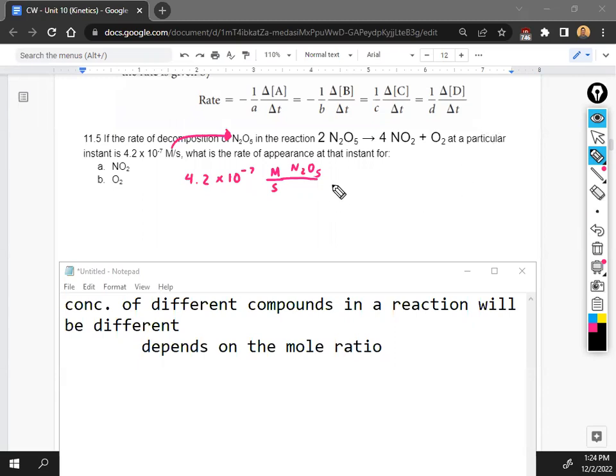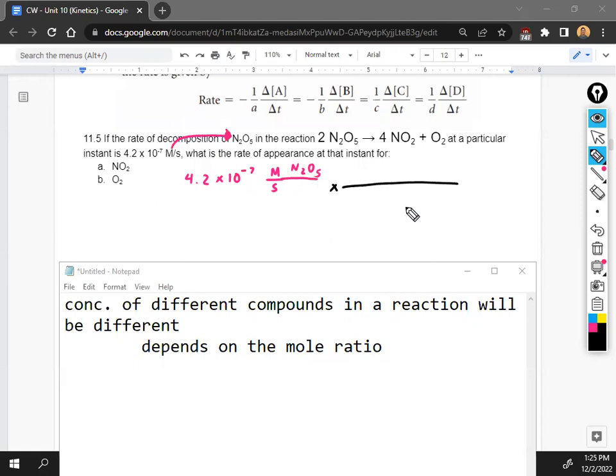Anyway, so we want to figure out now the rate of appearance for NO2. We said we're talking about the mole ratio, so all we need to do here is multiply by the mole ratio of the disappearance of this compound and the other compound.